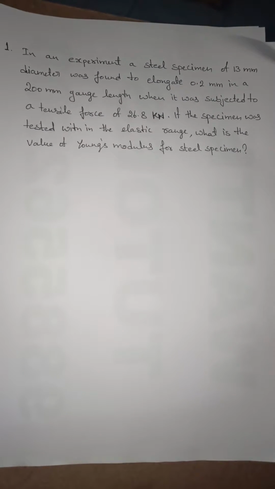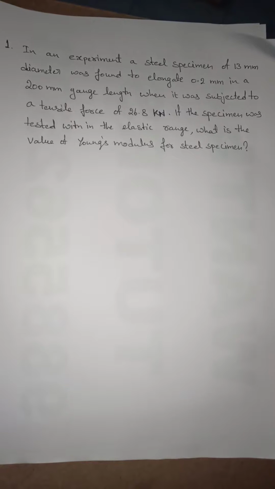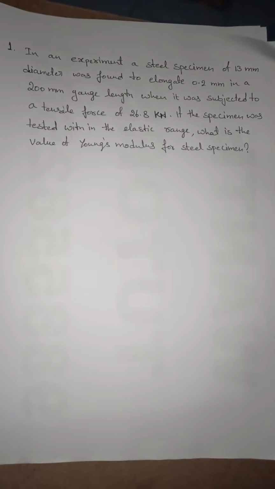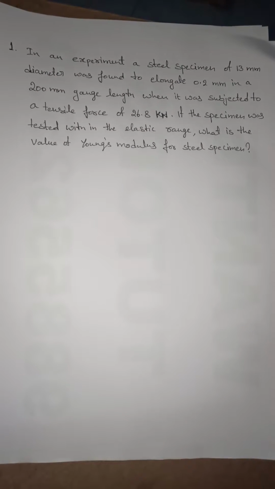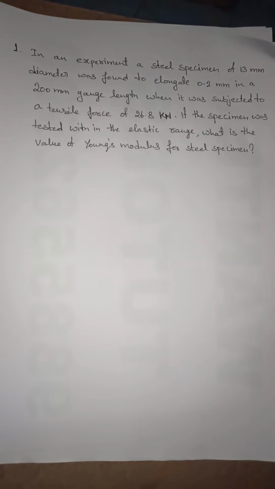In an experiment, a steel specimen of 13 mm diameter was found to elongate 0.2 mm in a 200 mm gauge length, when it was subjected to a tensile force of 26.8 kilonewtons. If the specimen was tested within the elastic range, what is the value of Young's modulus for the steel specimen, he is asking.